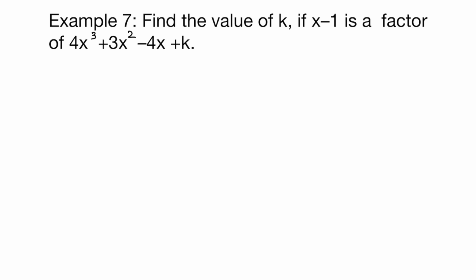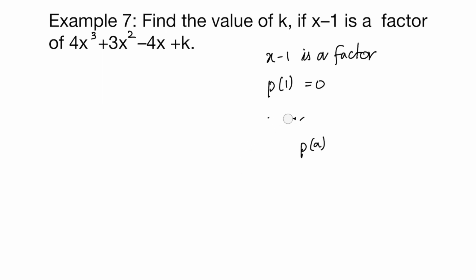Okay, so you have been given that x minus 1 is a factor. So with that, what you can infer is P of 1 is equal to 0. Okay, not P of minus 1, P of 1 is equal to 0, because we know if x minus a is a factor, then P of a is equal to 0.